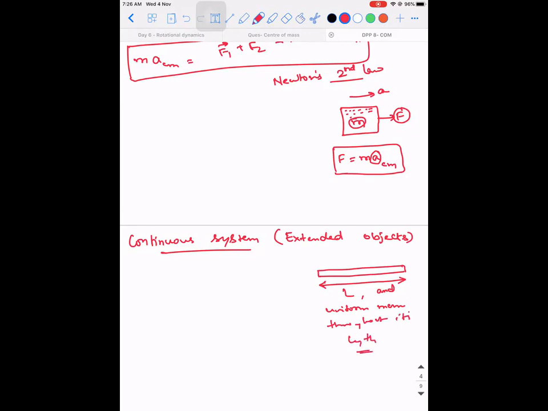Then where is the center of mass of the system located? In the center. It's exactly at the center because it's a regular shape.